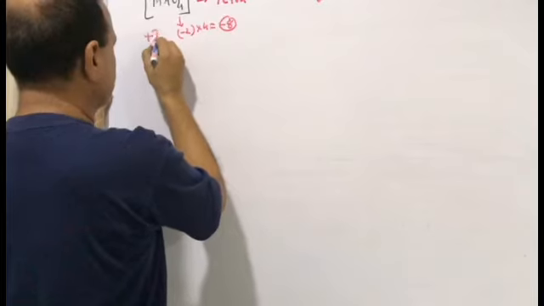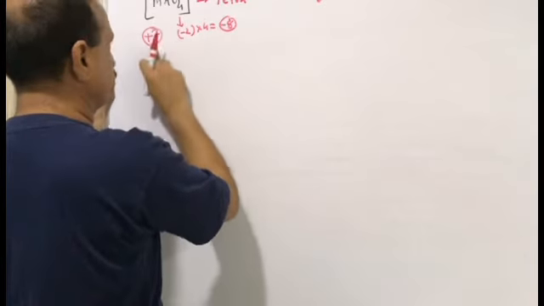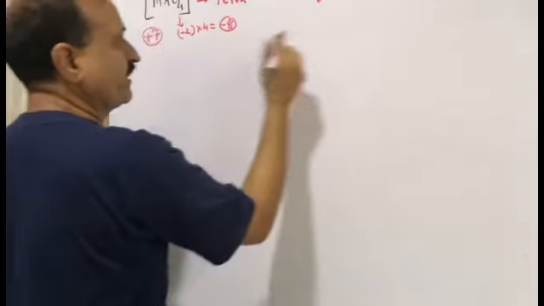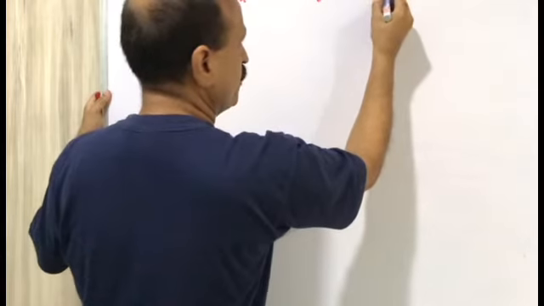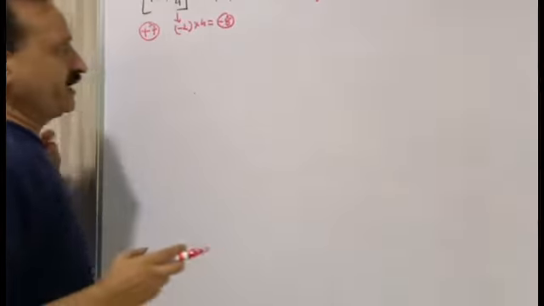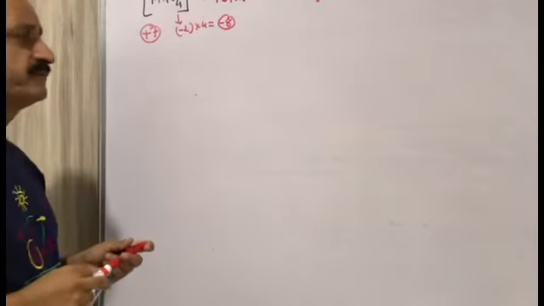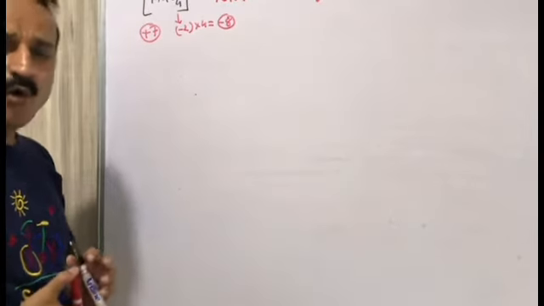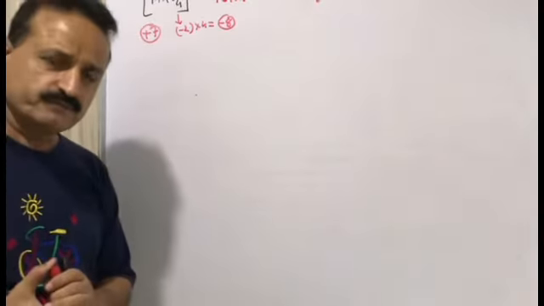So Mn must be plus 7, because minus 8 plus 7 gives charge minus 1. So we write oxidation state 7, and this is an ion. So tetraoxomanganate 7 ion is the nomenclature of this complex ion.